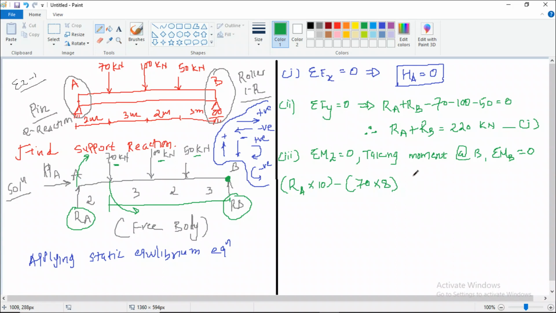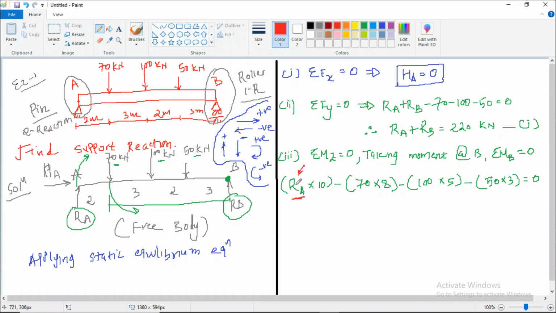Again 100 multiplied by 5, again negative because it is rotating point B anti-clockwise. And the last one, that is also negative, 50 multiplied by 3, and equate this to 0. Right, so in this equation you can see there is only one unknown, which is Ra.